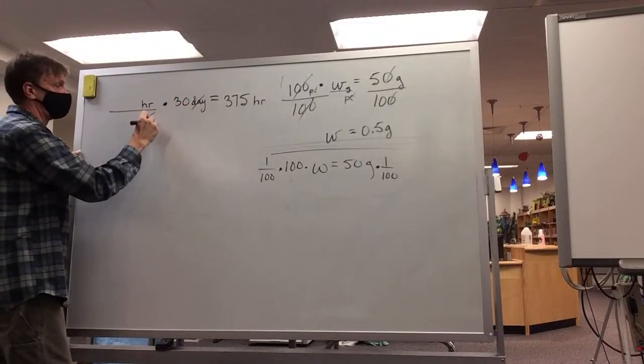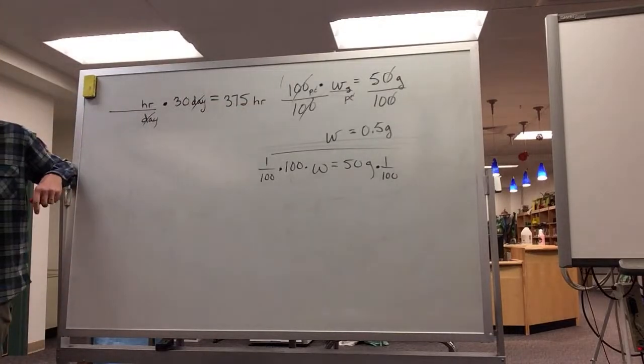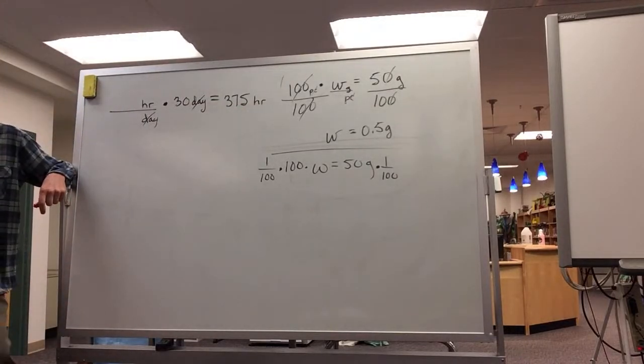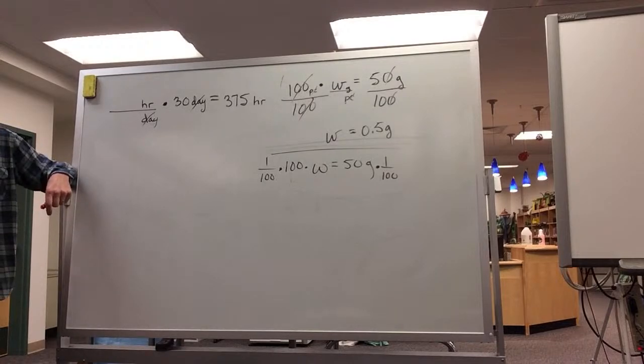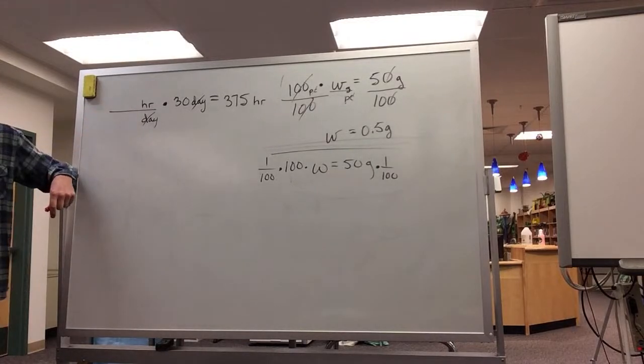So we have to have days here, and then hours remain in our answer. If you can see where the units are, the numbers that get put into place will make more sense. So what's the relationship between hours and days?